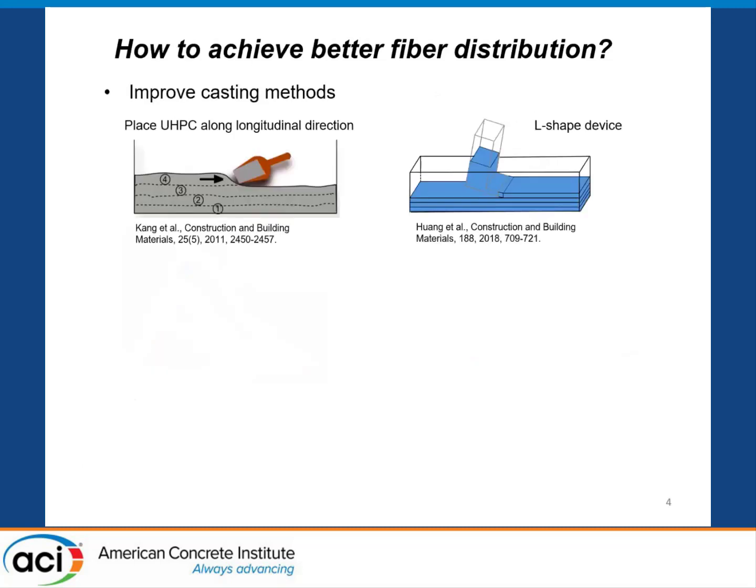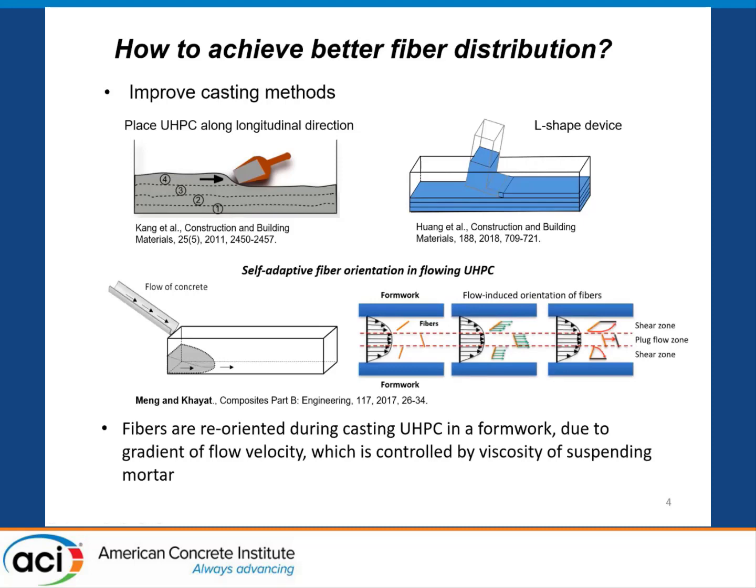To achieve better fiber distribution, a lot of researchers try to improve the casting methods. For example, they place the UHPC along the longitudinal direction using different tools, layer by layer. But we could also have self-adaptive fiber orientation in flowing UHPC, which means we need to develop a highly flowable UHPC, use it in a chute, and let it flow from one side of the UHPC beams to the other.